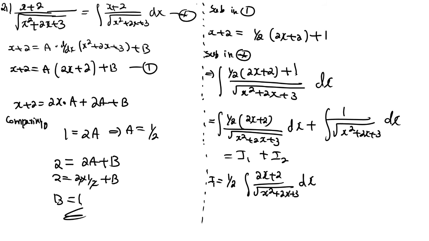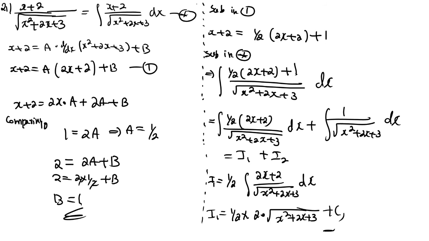We know it is in the form f dash of x by f of x, but under the square root of f of x. So directly, if possible, you can write the I1 value as 1 by 2 into root t divided by 1 by 2. That means you will get 2 into root t, which is 2 into the root of x square plus 2x plus 3, plus c1.